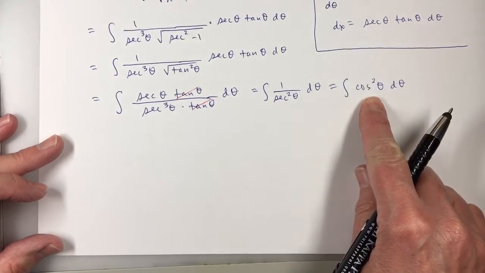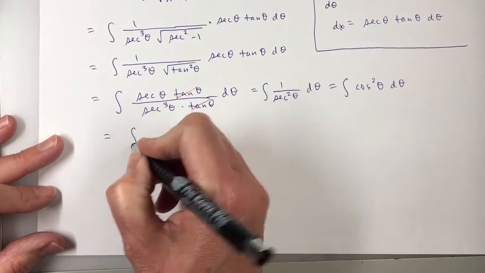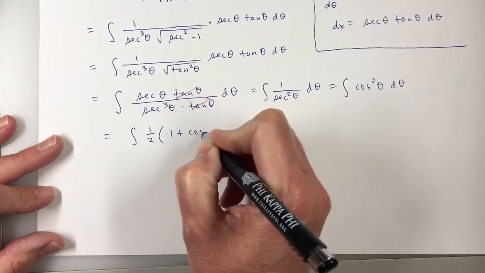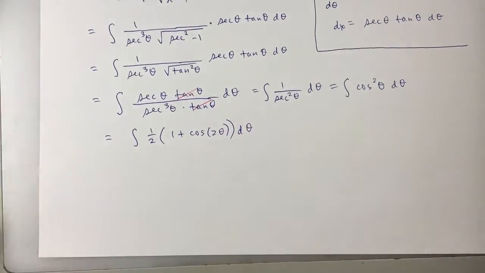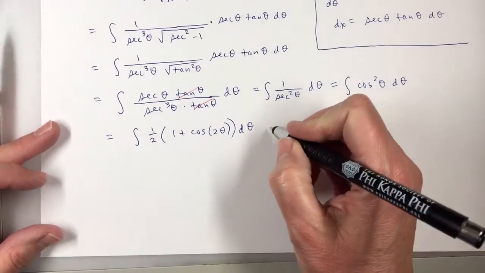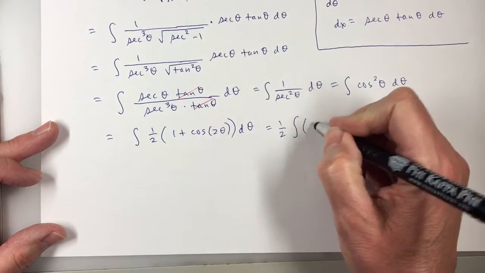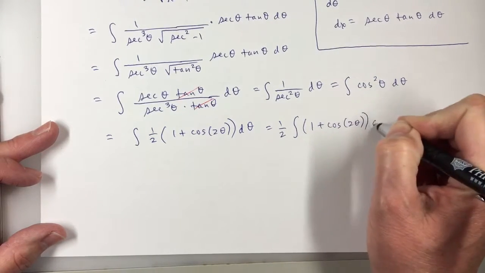And for this, I'm going to need the identity that this is the integral of 1/2 times 1 plus cosine 2 theta. So I'd have to remember that at this point, and let's factor out the 1/2. 1/2 times the integral of 1 plus cosine 2 theta d theta.